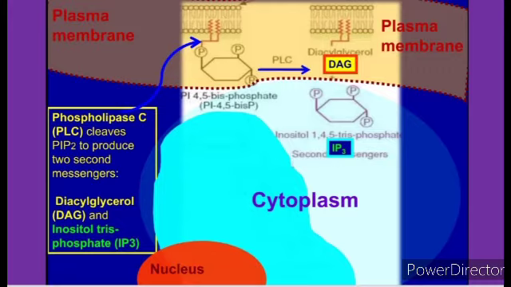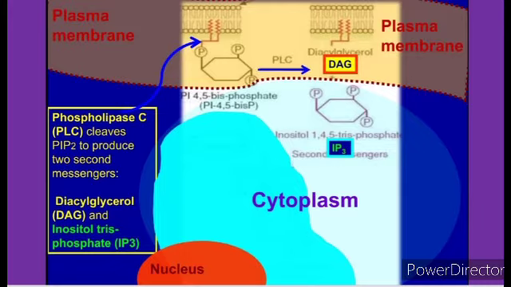So I want you to think about this. Let's say a specific receptor activated this enzyme, phospholipase C, and that enzyme then worked on PIP2 and produced two new molecules, DAG and IP3.